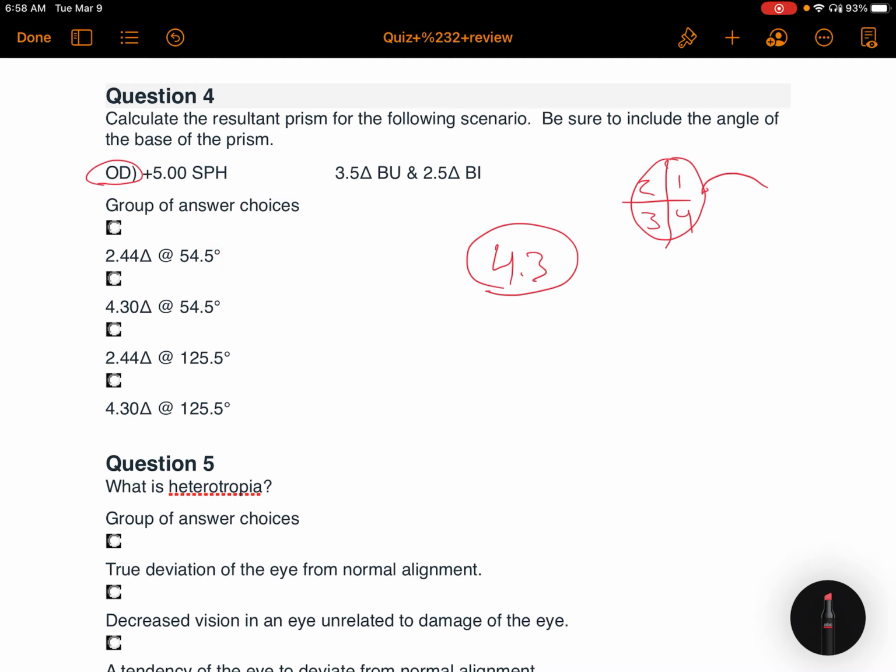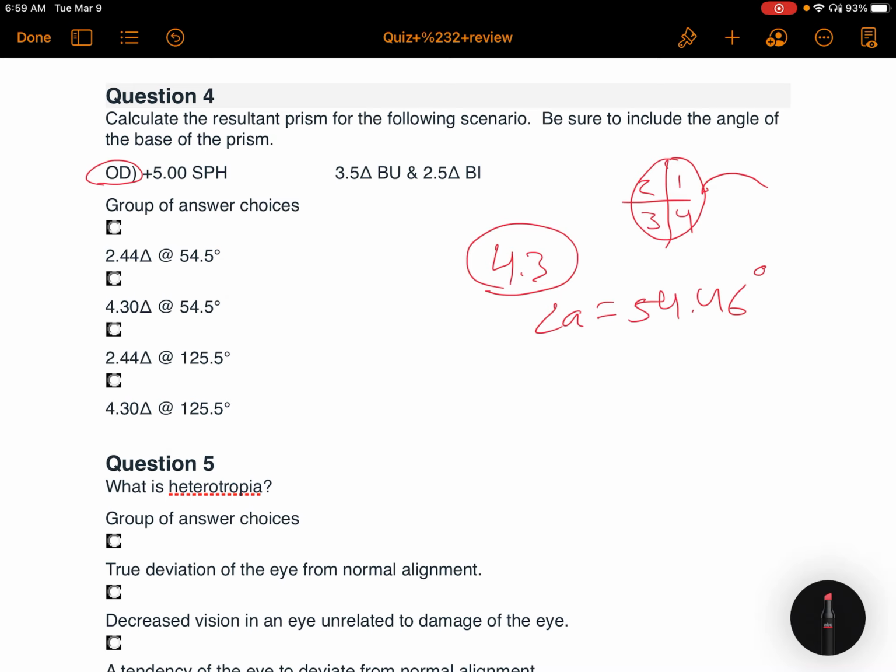And for our base direction, we're going to do our formula, the vertical over the horizontal. So we're going to do 3.5 divided by 2.5 equals 1.4. Then we hit shift, tangent, and now my screen says 54.46. So our angle A is 54.46.